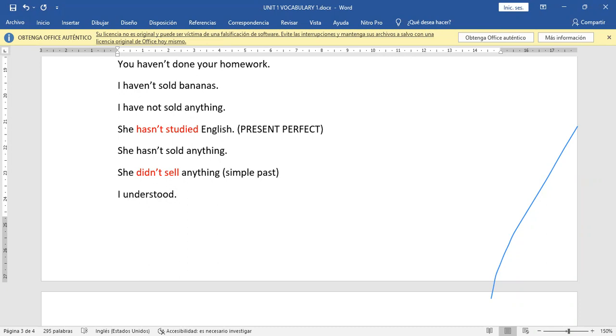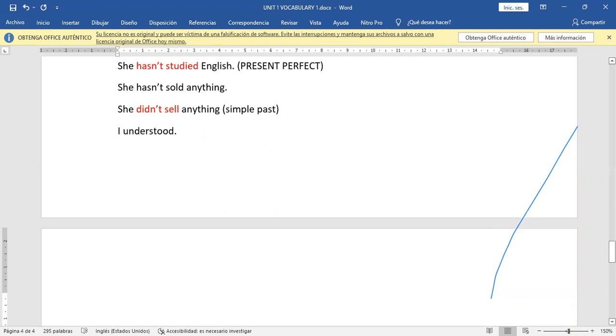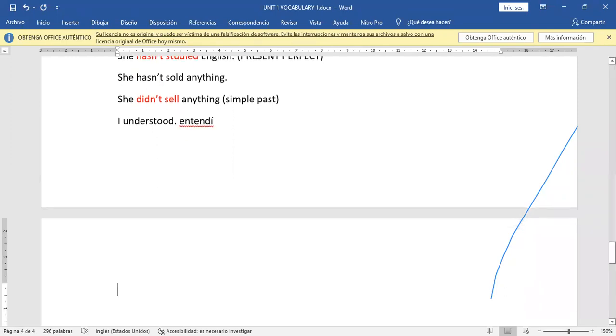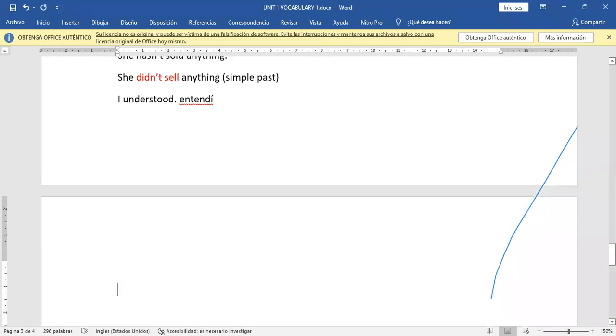How do you say "he entendido"? "Entendí." I understood. "He entendido."